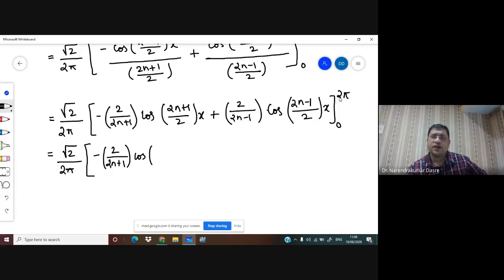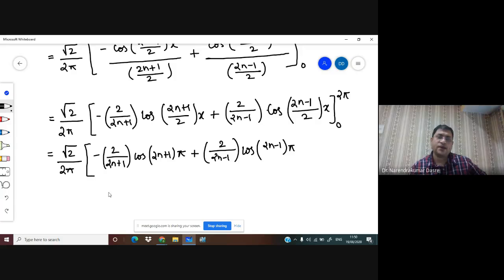Okay, see, I am applying 2 pi, so I'll be having this term is equal to 2n plus 1 into pi. Because x is equal to 2 pi, this 2 and the 2 from the 2 pi will get cancelled, and we'll be having this term. So here we'll have 2 upon 2n minus 1, and this is cos of 2n minus 1 pi.